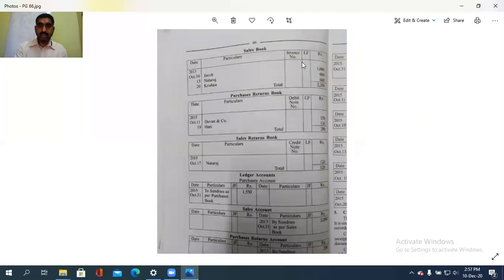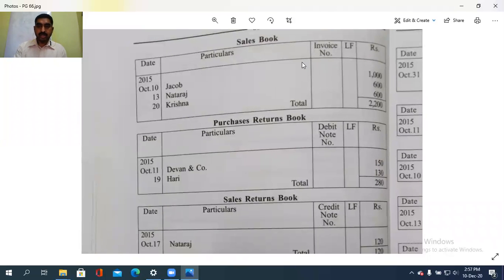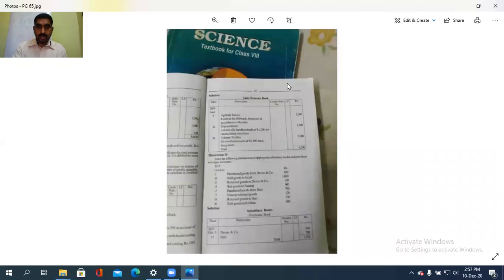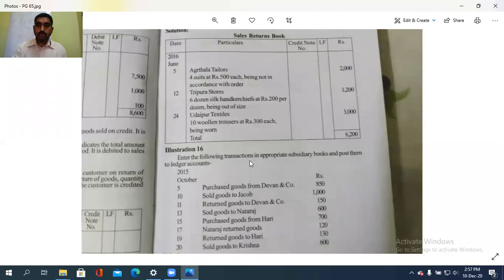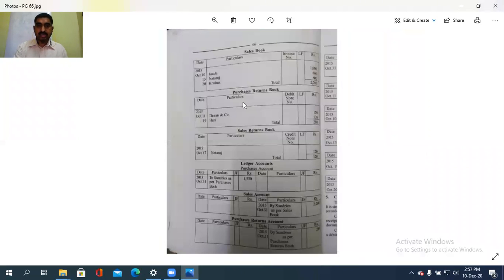Then another one is sold goods to Nataraj, so Nataraj 600. And one more, sold goods to Krishna 600. So the total is 2200.